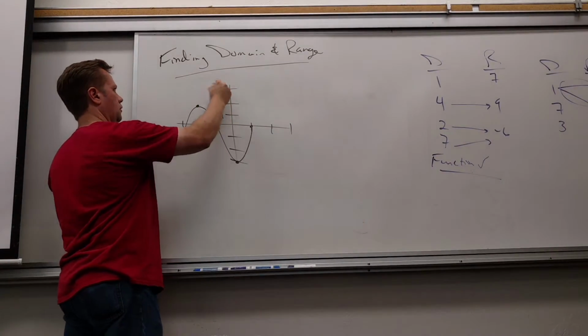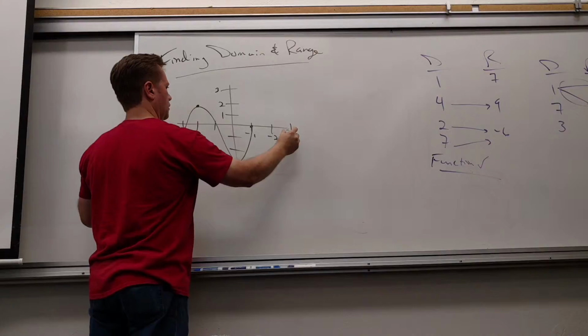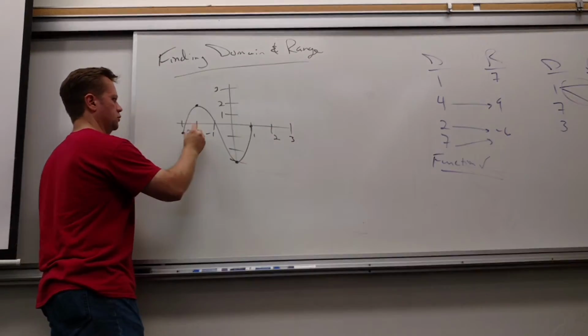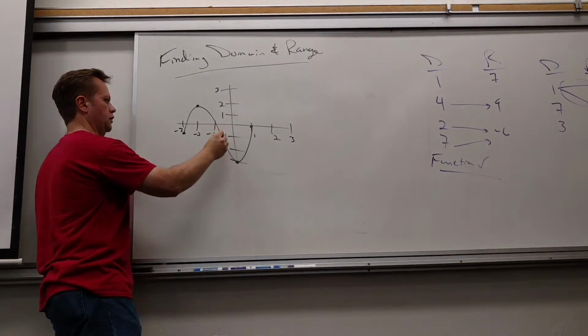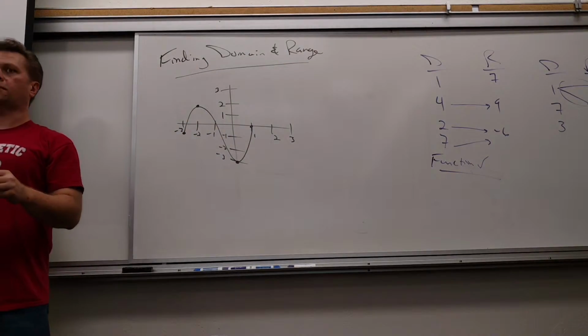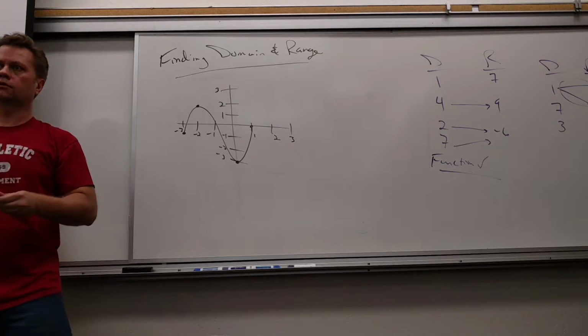So the question here would be, now they're negatives. What are the domain and the range for this? Is this a function, first off? Yes, because it passes the vertical line test.